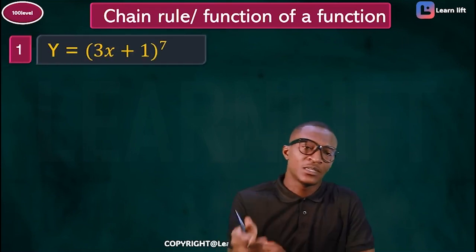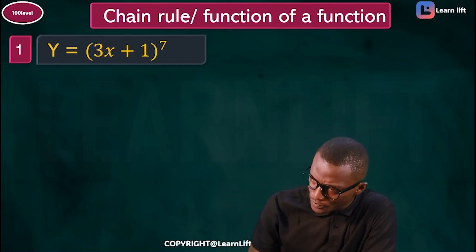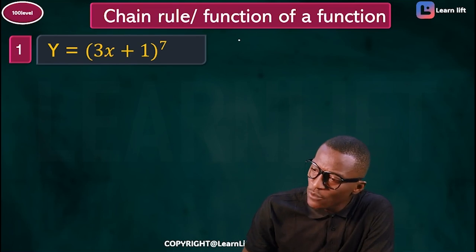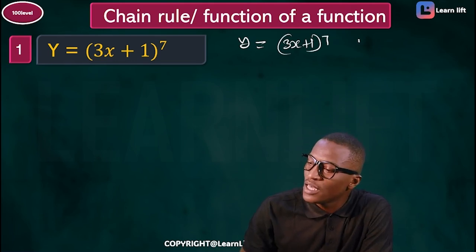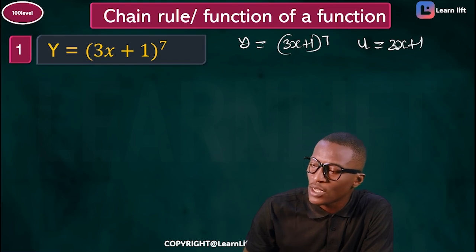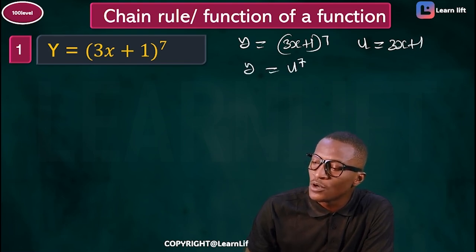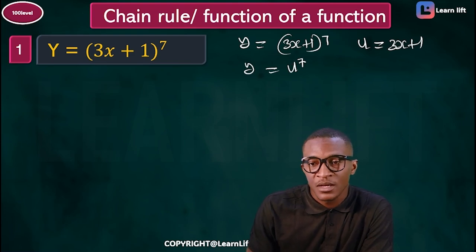Now, if we have y is equal to 3x plus 1 raised to power 7, is that correct? Let u be equal to 3x plus 1. What will now be y? y will be equal to u raised to power 7.